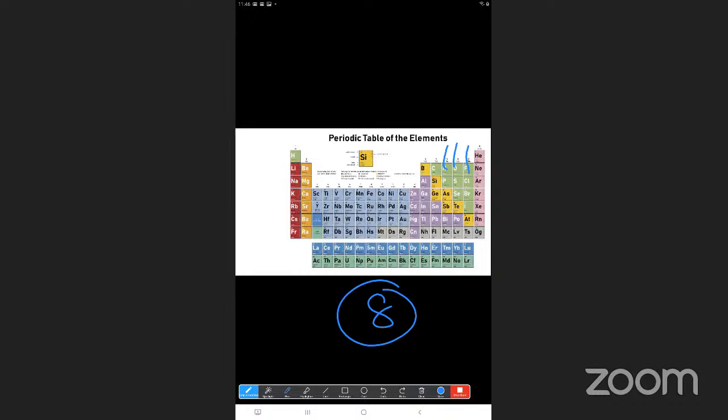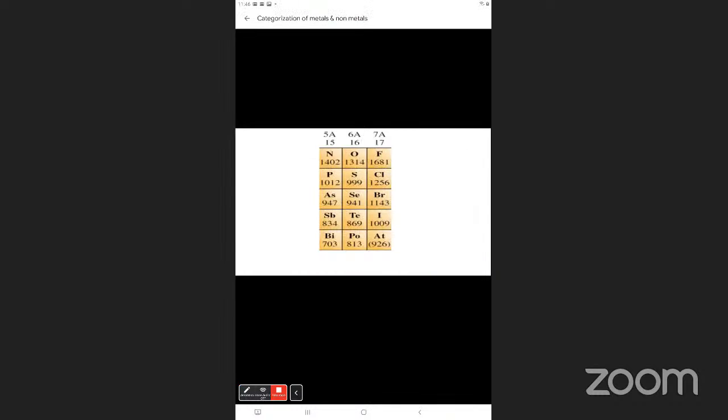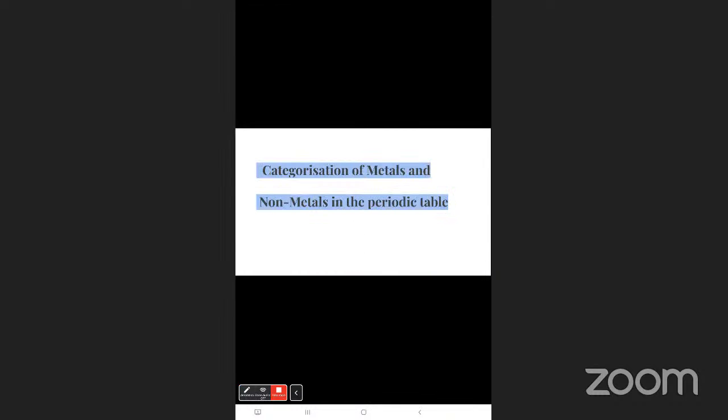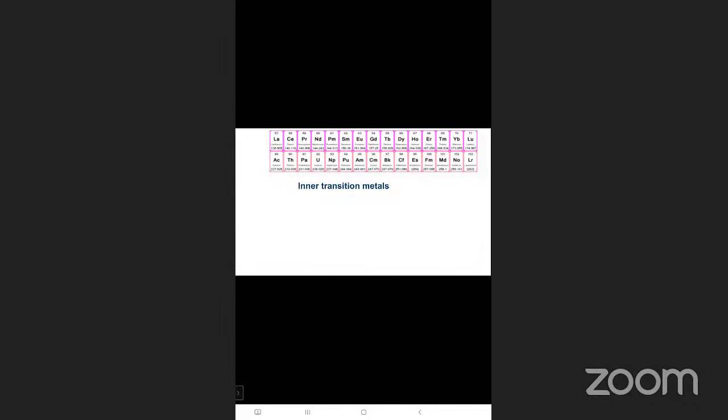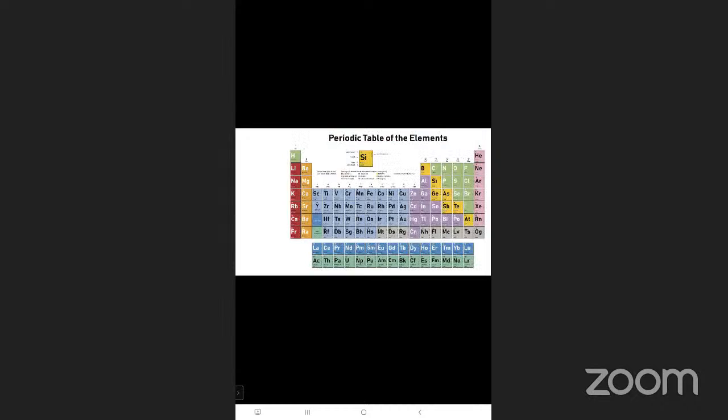So this is a categorization of metals and non-metals in the periodic table. I just gave some introduction about metals and non-metals. We have a lot of information from this periodic table. Now we are going to discuss the physical properties and chemical properties of the periodic table.